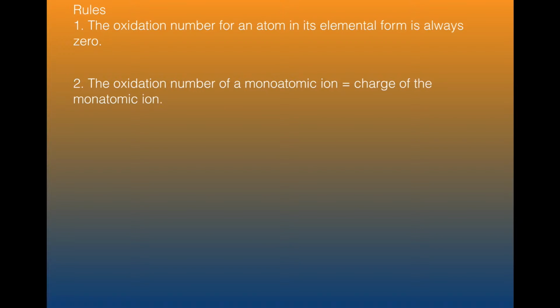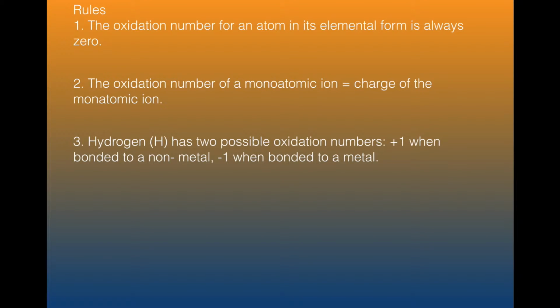2. The oxidation number of a monoatomic ion equals the charge of the monoatomic ion. For example, copper forms copper 2+ ions, hence the oxidation number for copper 2+ is +2. 3.